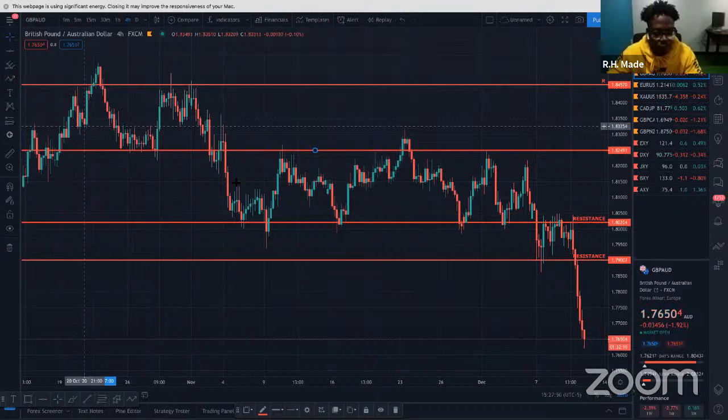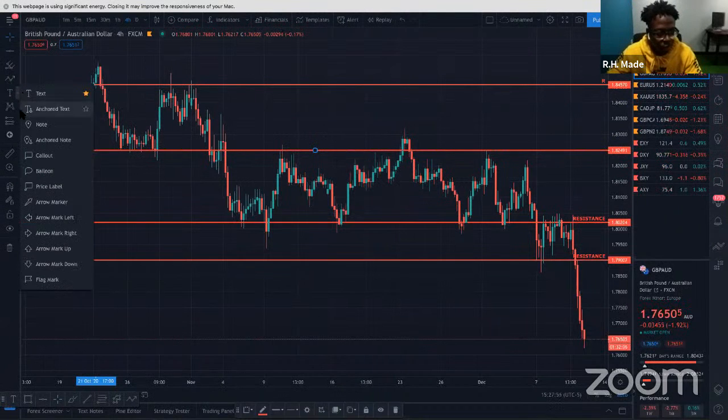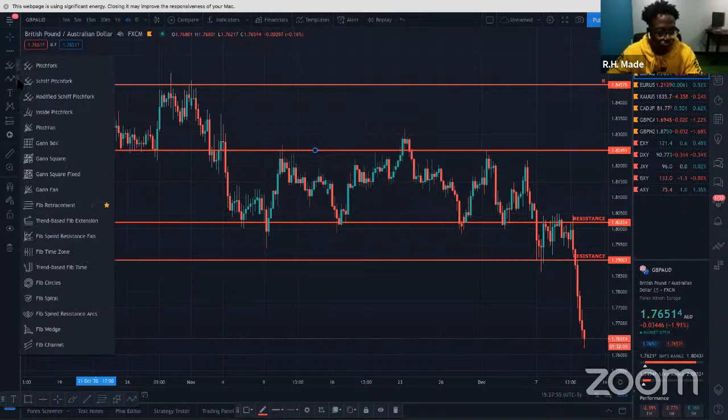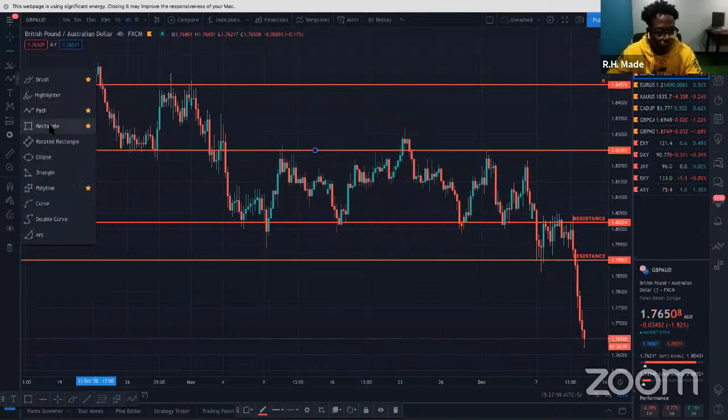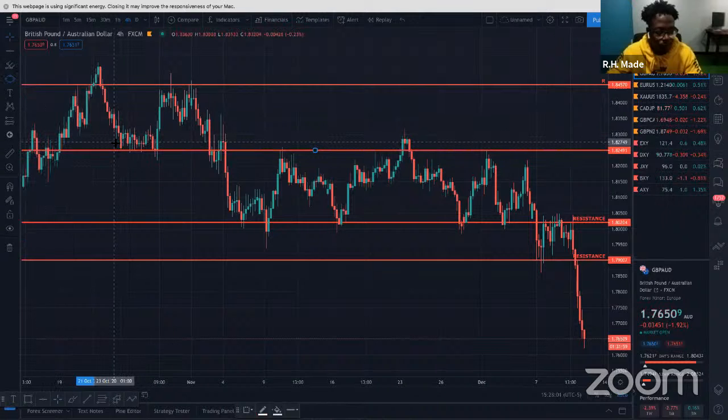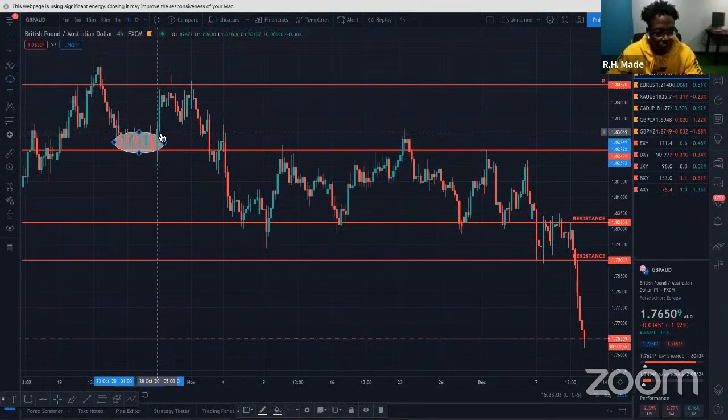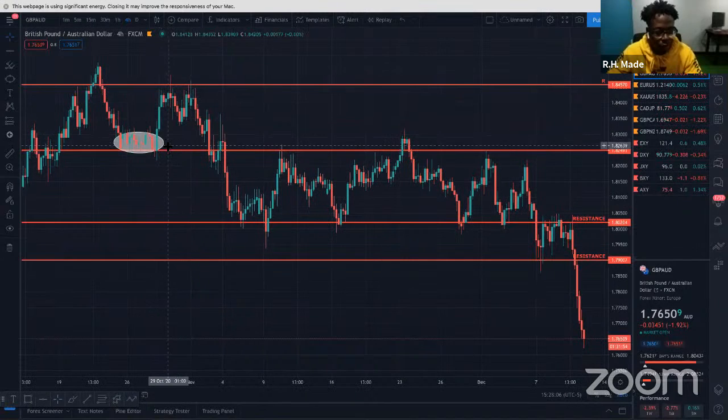Resistance and support. All right, resistance right here. It's a prime example right here. Look. Support right here. Okay, resistance right here.